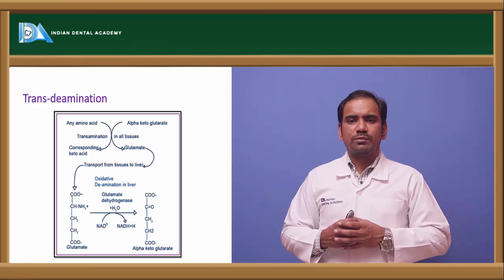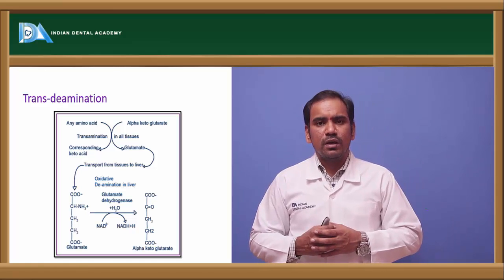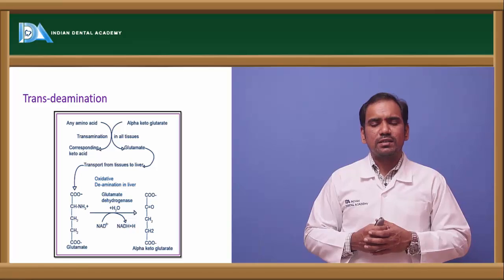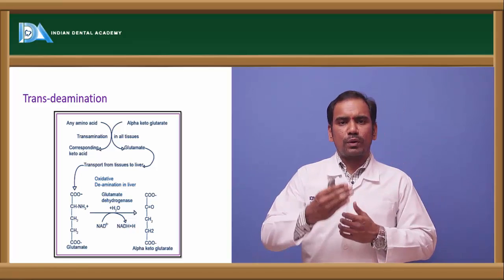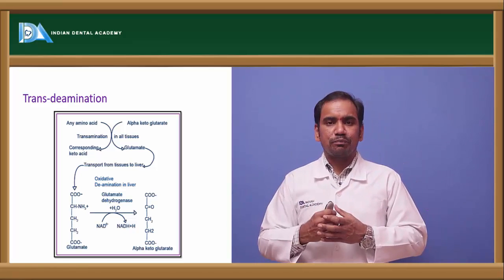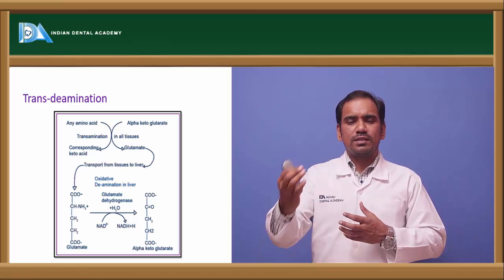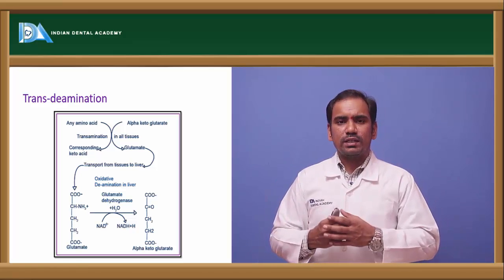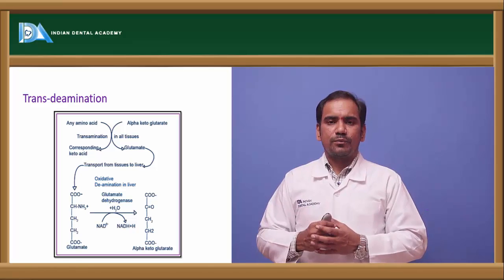So first mechanism that occurs is transamination. Transamination can be defined as transfer of amino group from amino acid to a keto acid. That results in the synthesis of a new amino acid and keto acid.